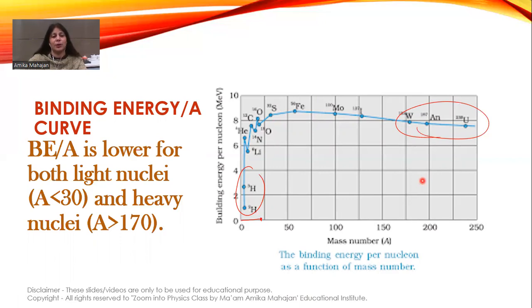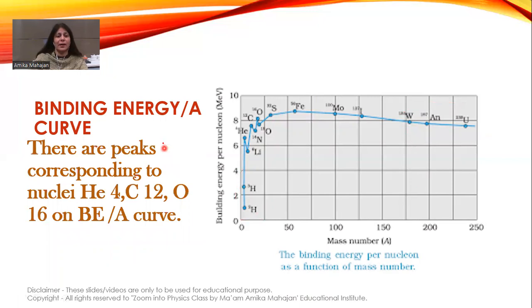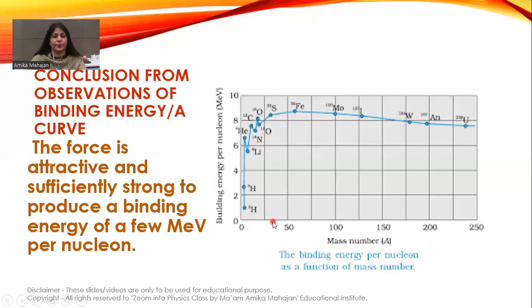They have more binding energy per nucleon. Now, there are also peaks corresponding to nuclei helium 4, carbon 12, and oxygen 16. So they have more binding energy per nucleon than their neighbors. So these nuclei are more stable because they have more binding energy per nucleon.